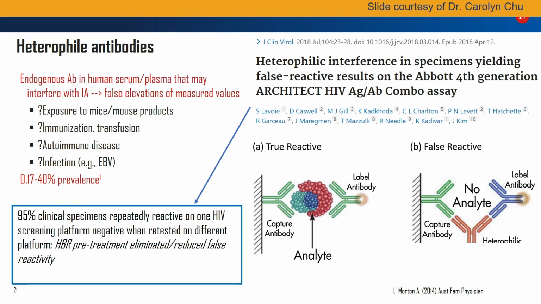Another thing that you can do is add these reagents called heterophile blocking reagents, because those will reduce or eliminate false reactivity. If you look at the picture on this slide, you see that heterophile antibody binding to both the capture and the label antibody. What these blocking reagents do is they take these heterophilic antibodies out of circulation so they can't bind with the testing platform antibodies.